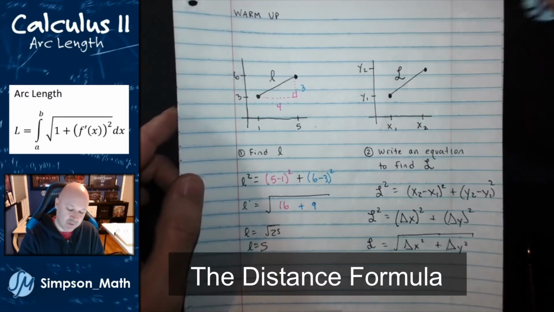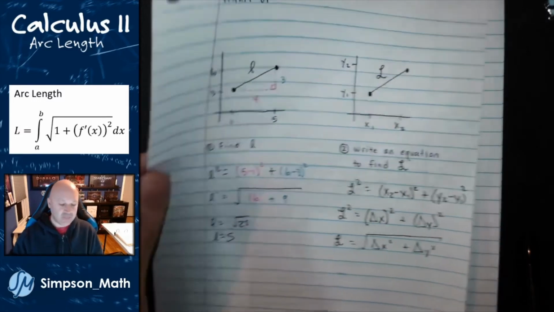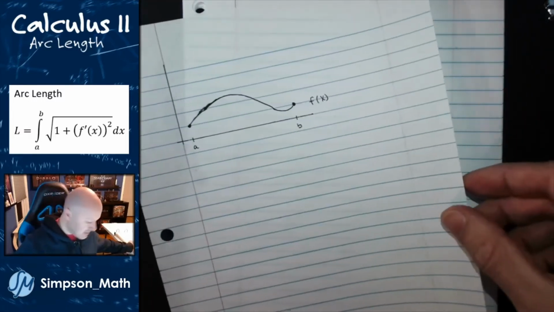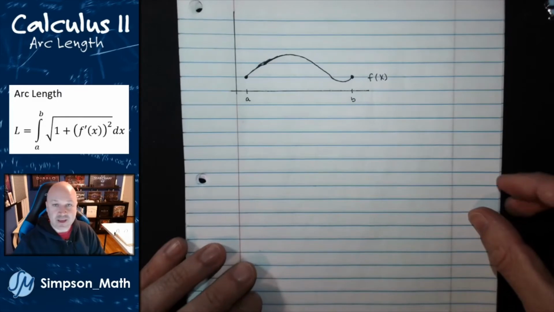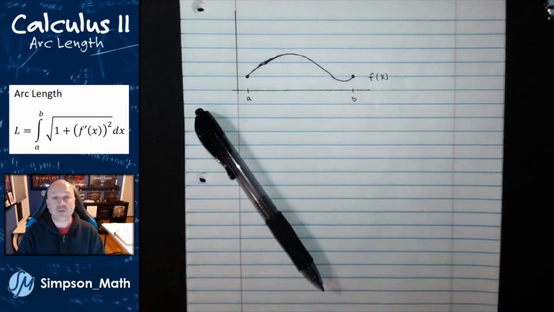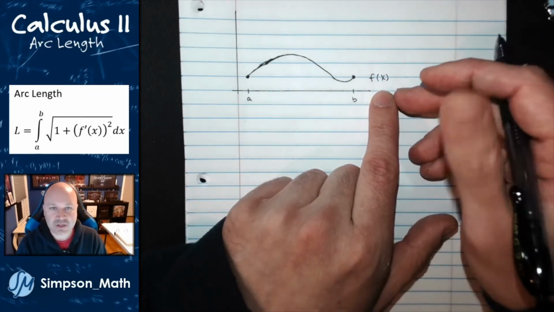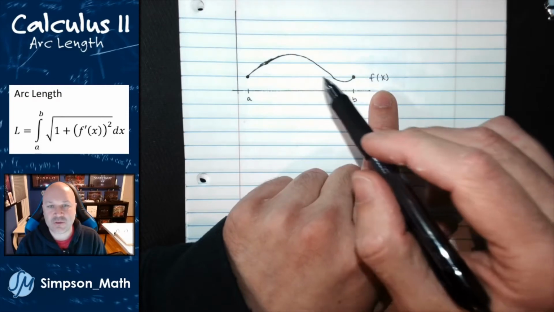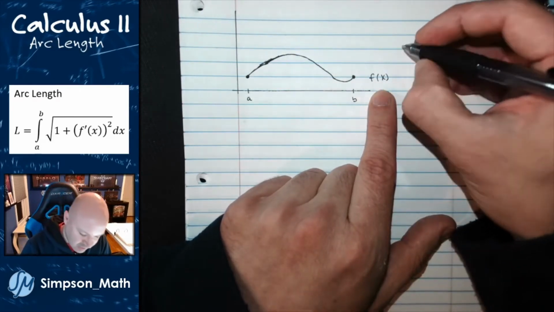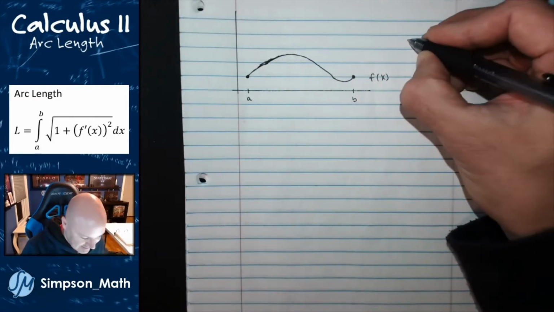And I claim that's going to help me with my next thing, where I've got this function f defined over a to b. I'm just going to assume that f is a continuous function and its derivative is continuous as well.